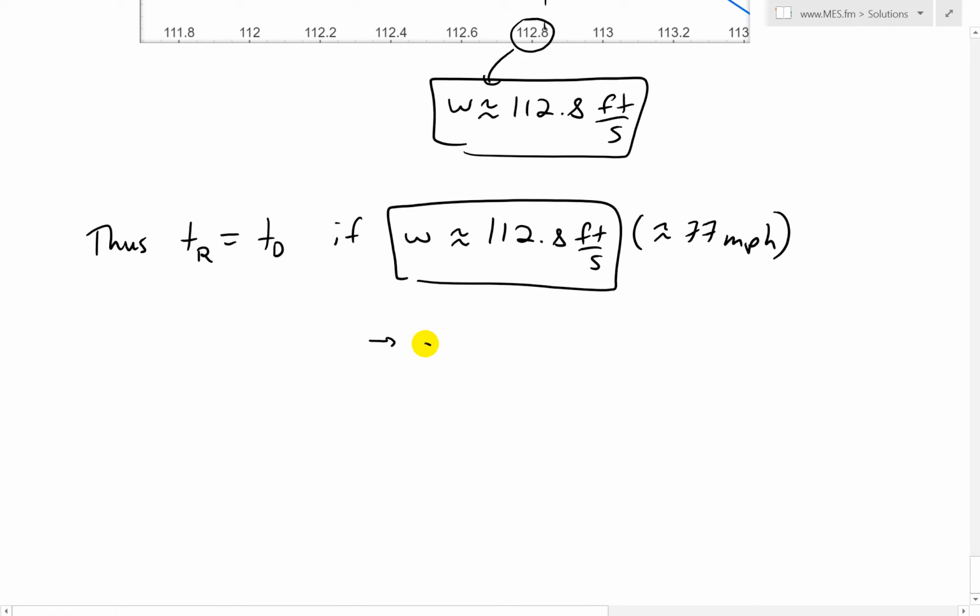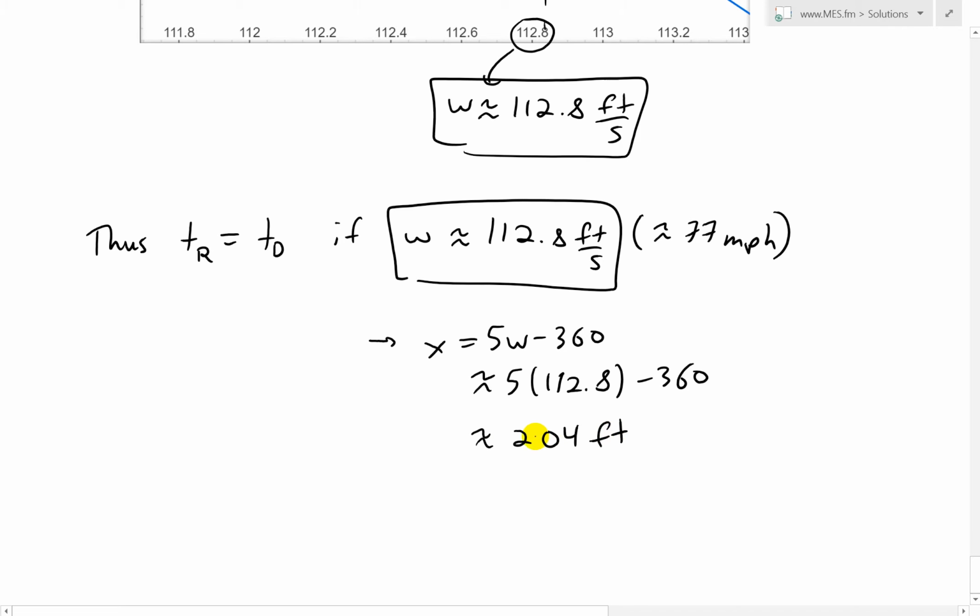So X equals 5W minus 360, roughly equal to 5 times 112.8 minus 360, in feet, and this is roughly equal to 204 feet from the catcher, as opposed to the 180 total feet the outfielder is.